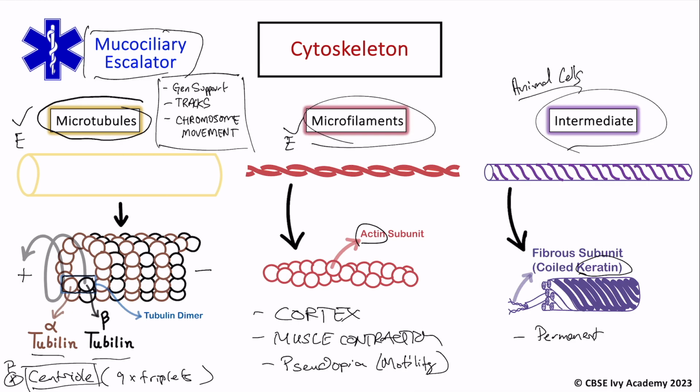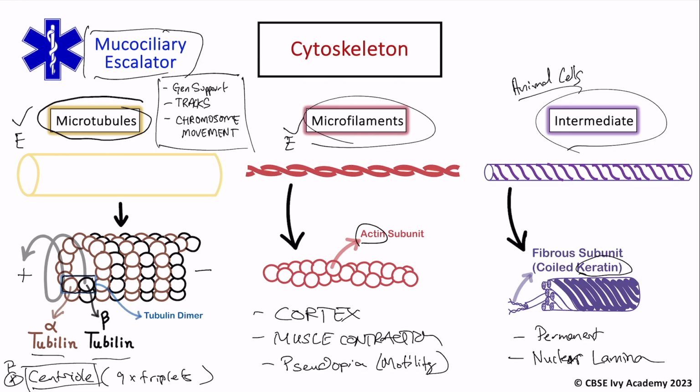For example, if you took a cell and chemically treated it to remove microfilaments and microtubules from the cytoplasm, what would be left of that cell would be just a web of intermediate filaments that help retain the shape and structure of the cell. And if you remember, the nuclear lamina was made from intermediate filaments.